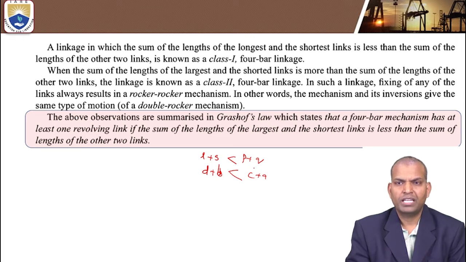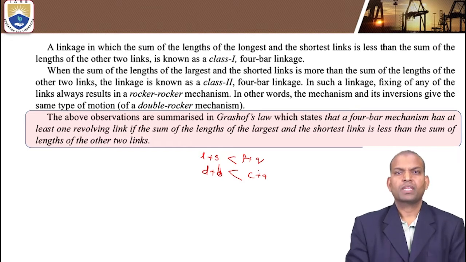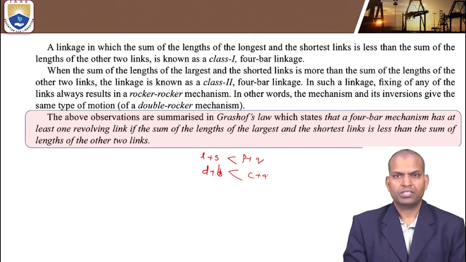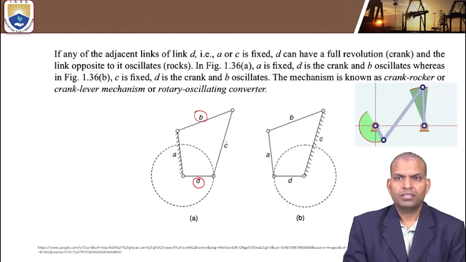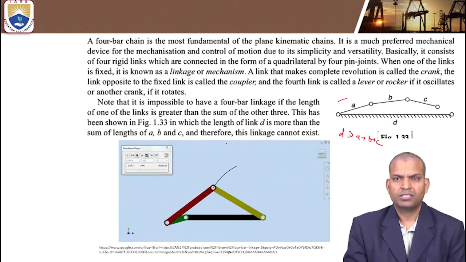Then, if the sum of the lengths of the largest and shortest links is less than the sum of the lengths of the other two links. Yes, that is the law. That law is called Grashof's Law. Very important.